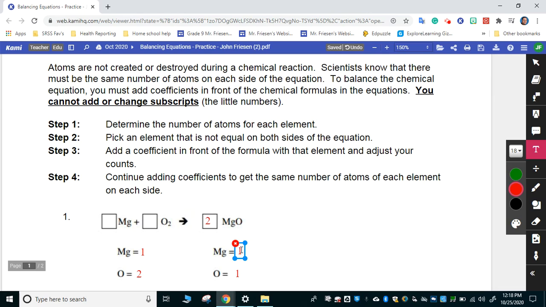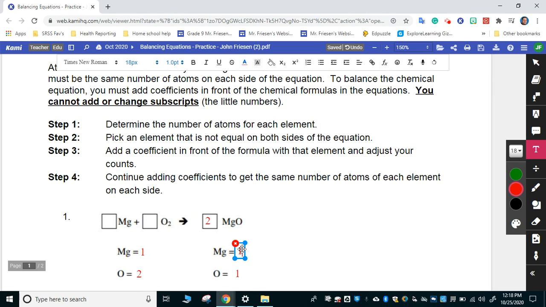So if this was a piece of paper, you could just cross it out. Okay, but that now becomes a 2, and this now becomes a 2. So now this is equal, but this one is not. Okay, but it's always easier, again, this was in the notes, it's always easier to balance elements last. You balance compounds first. And so, how can we make this magnesium the same as this one?